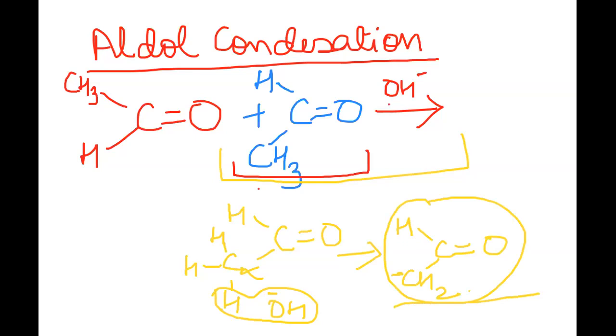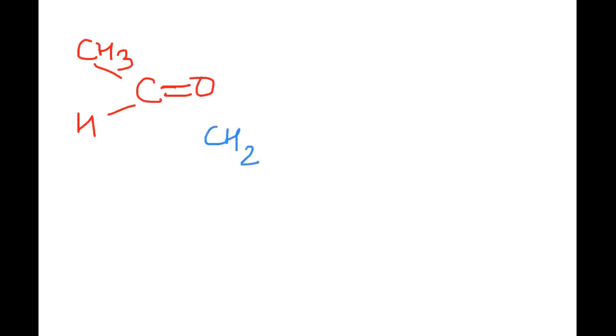So now let us see what happens in the next step. I'll go to the next page, and let me draw an acetaldehyde, C double bond O, and you have an H. The one in blue, we said, has formed the nucleophile. So it is going to attack through the CH2 side. The CH2 with the negative charge is going to attack the molecule.